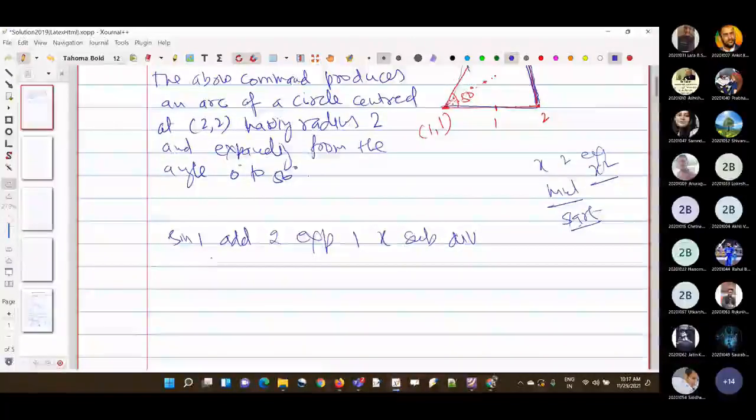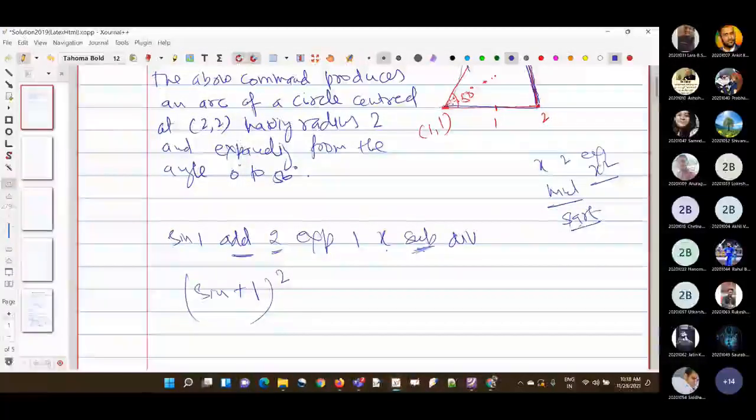Start from the left and find where the first operation is. So add is there, it means sine plus 1. Then they are writing 2 exp, which means raising the power 2 over 8. Then you have 1 x, then sub. Next, you need to find the next operation.